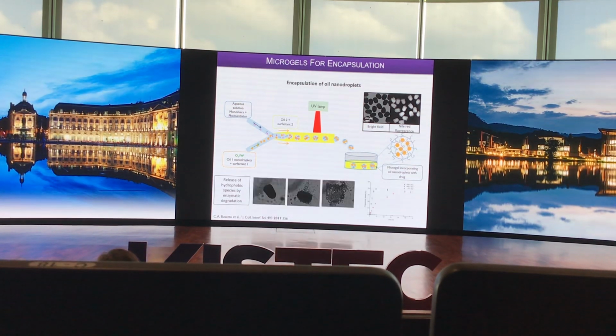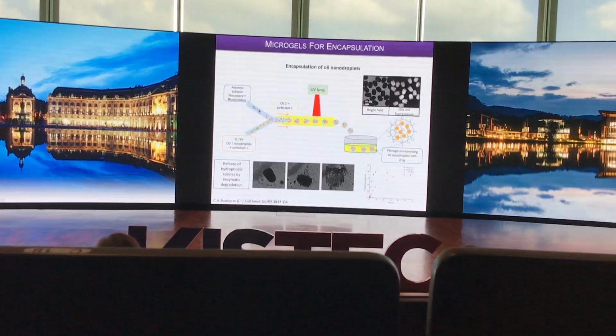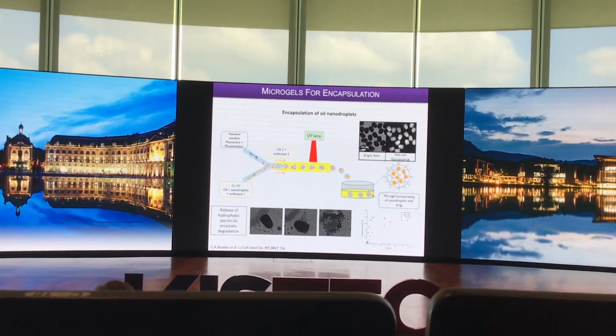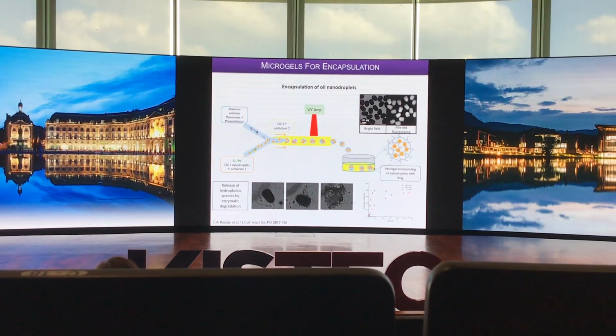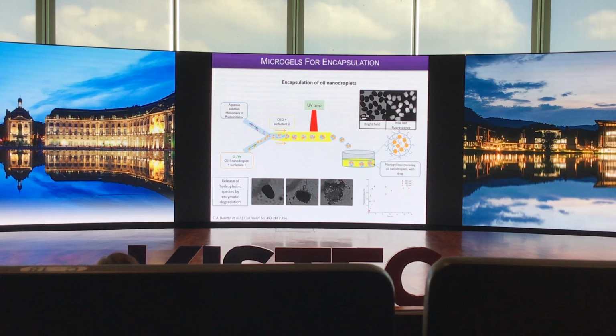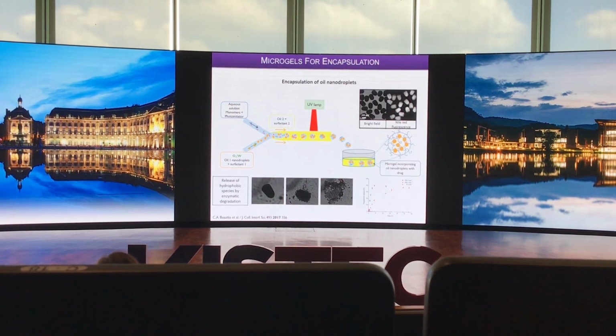And we prepared, as you can see here, the particles, which were nicely monodispersed. They had this slug shape.